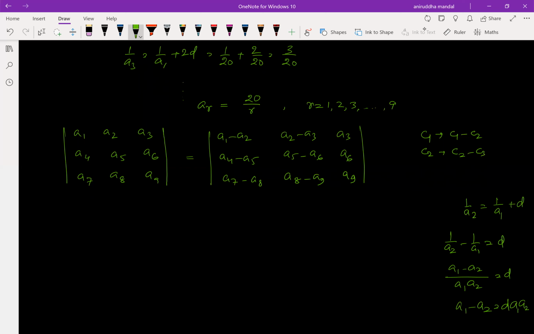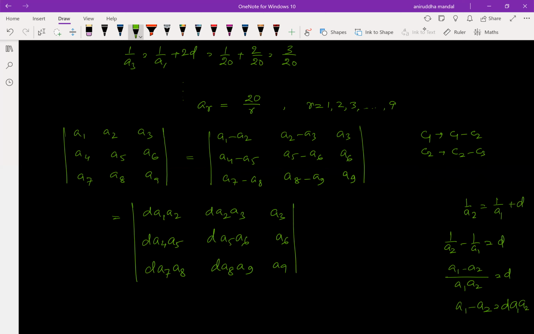Similarly, A2 minus A3 can be written as D into A2 A3. Similarly, D into A4 A5, D into A5 A6, and D into A7 A8, then D into A8 A9.